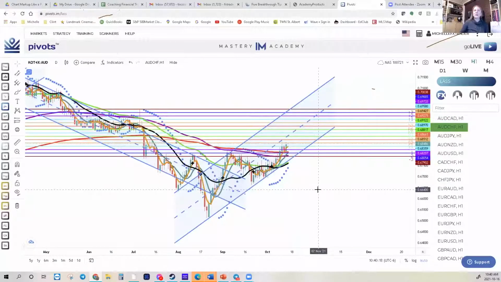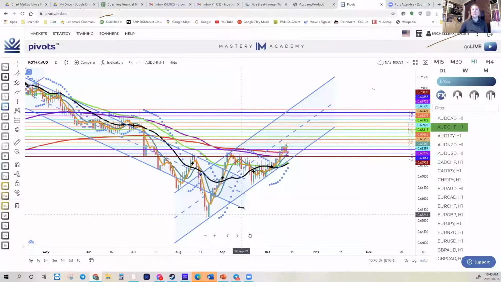So the purpose of channels, A, tells you what the direction of the market is going in, okay? So we can see here that the market, if you're looking just at your exponential moving averages and your moving averages, we can see the market is bearish. But if we kept looking at the market as being bearish, we would miss this move and we would potentially sell it in this channel and risk a losing trade here, right?